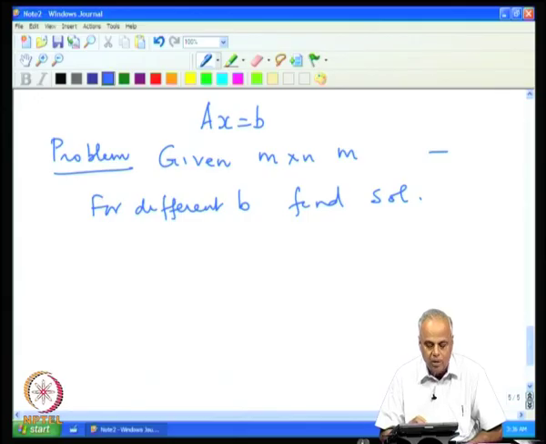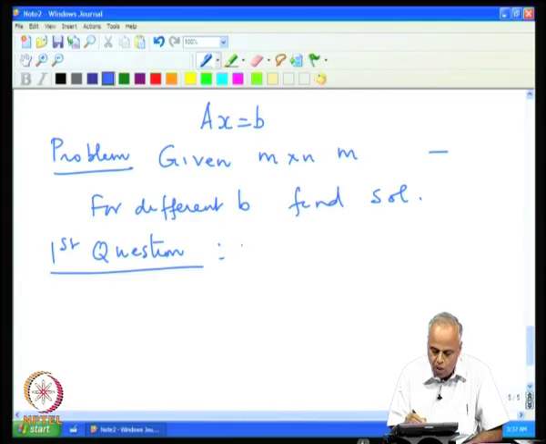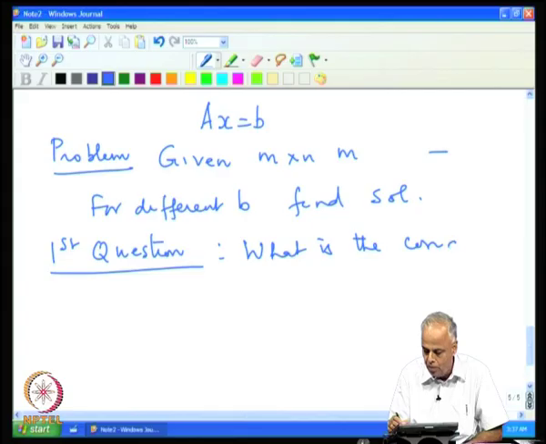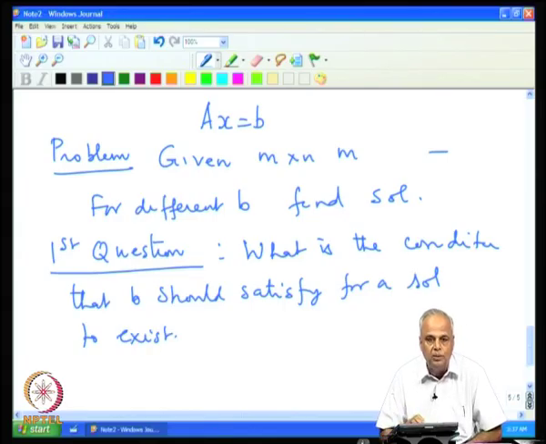We have seen that even in 2 by 2 systems, we could have a situation when there are no solutions, and therefore, the first main question that we have to answer is what is the condition that B should satisfy for a solution to exist. This is one of the most fundamental existence questions.